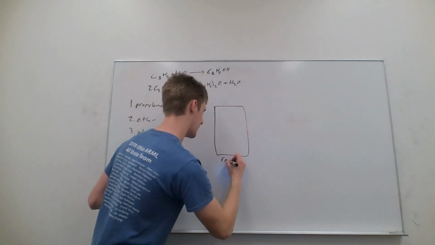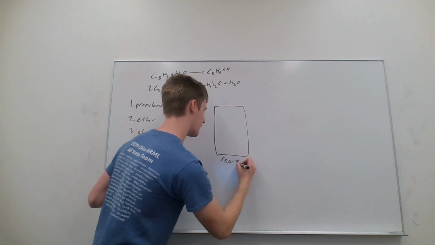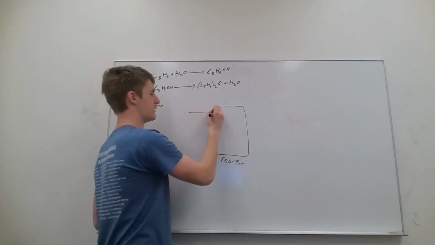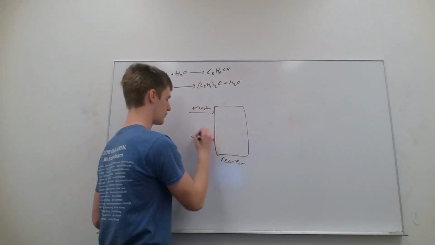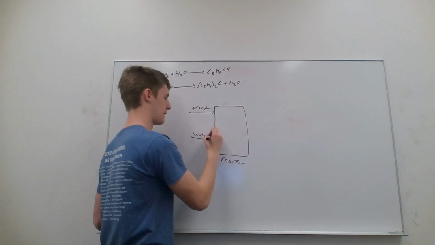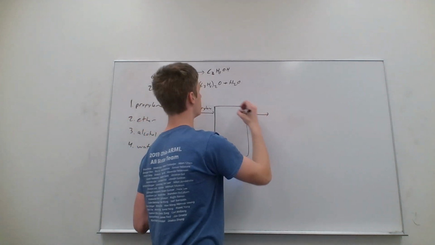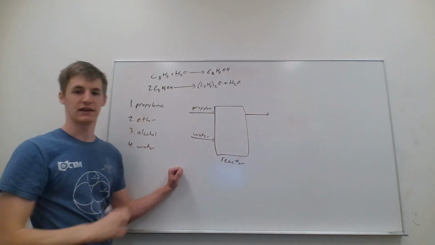Right, so we have some reactor and an input of propylene and water, and outputs of our ether and our alcohol.